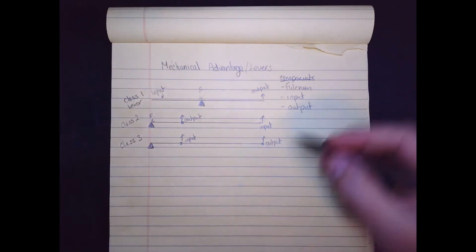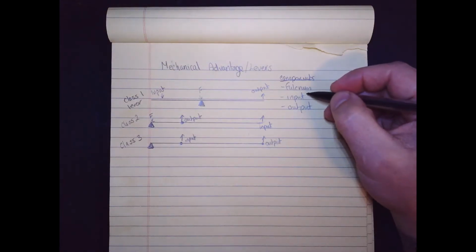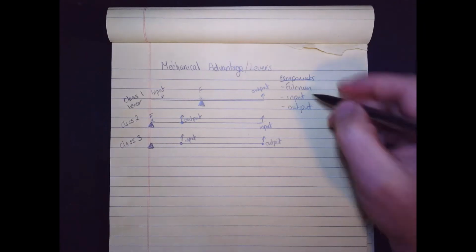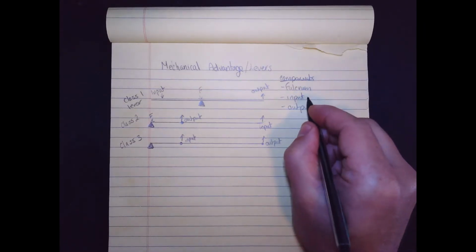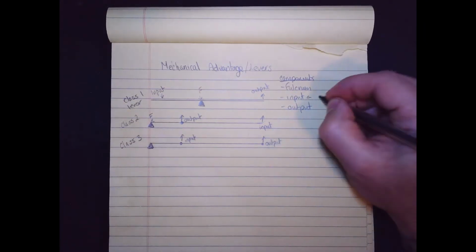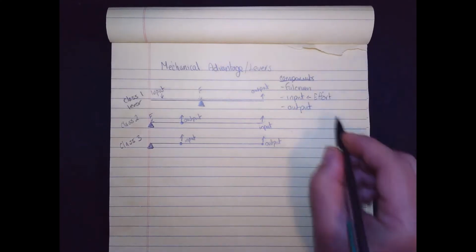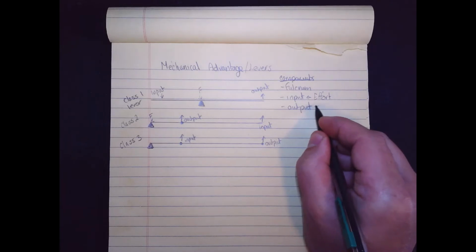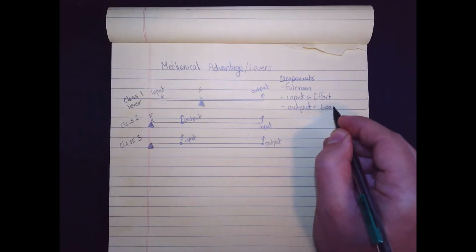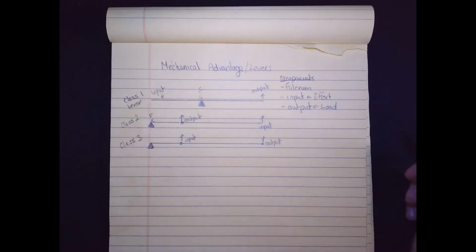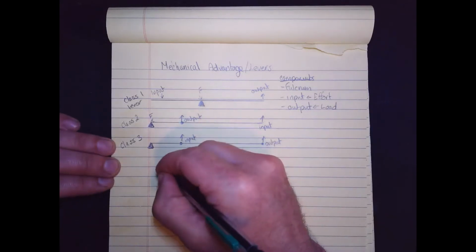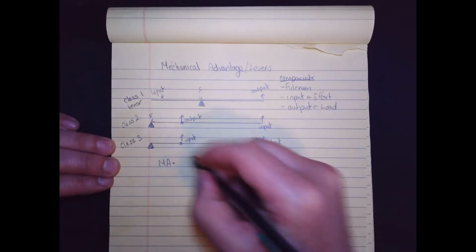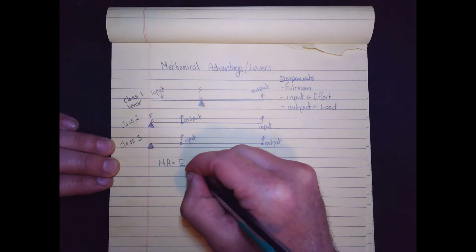So we need to make sure that we have enough mechanical advantage. And if we look at the three things that we have here, we need to throw a couple of extra terms on here. So for the input, we're going to call this the effort. And on the output, we're going to call this the load. And to calculate mechanical advantage, the formula looks like this.